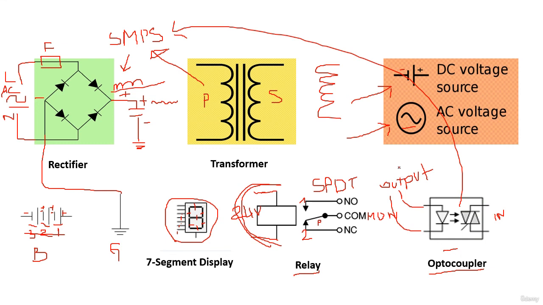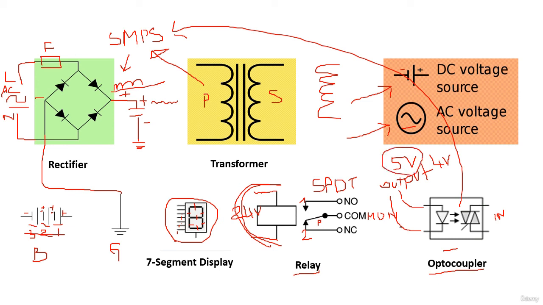If, for example, we want 5 volts in the output and we get just 4 volts, the expected value is not the right value. So the optocoupler will tell the source, or the input control, that we don't get 5 volts, we get just 4 volts. So it will control the output signal in order to get 5 volts.